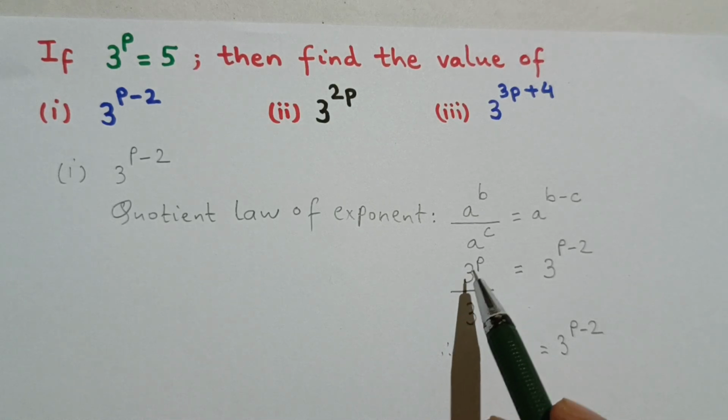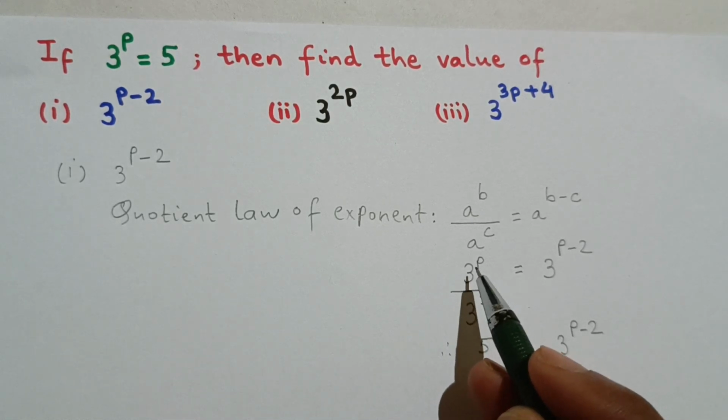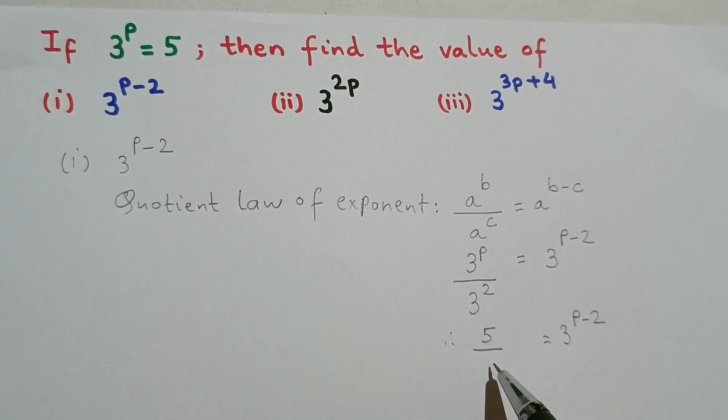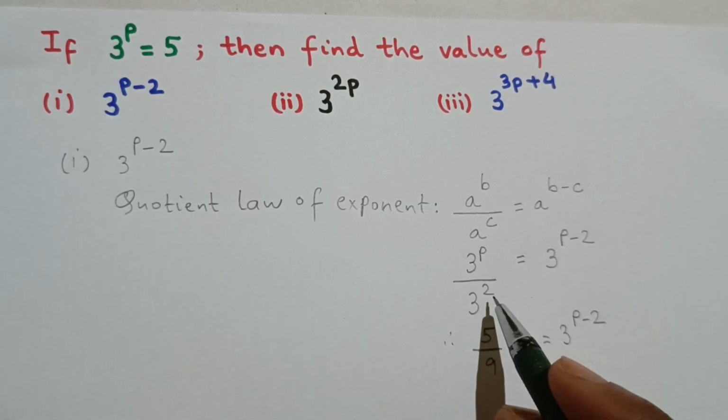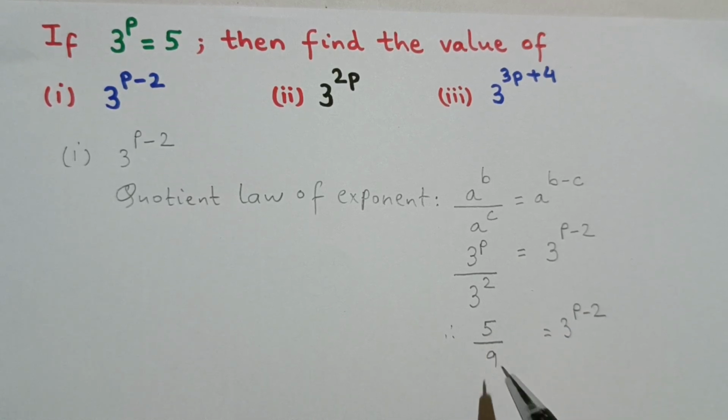So instead of 3 to the power p, I will write 5. So this is 5 upon 3 square. Now 3 square is 3 into 3, which is 9. So therefore 3 to the power p minus 2 becomes 5 upon 9. And this is our answer.